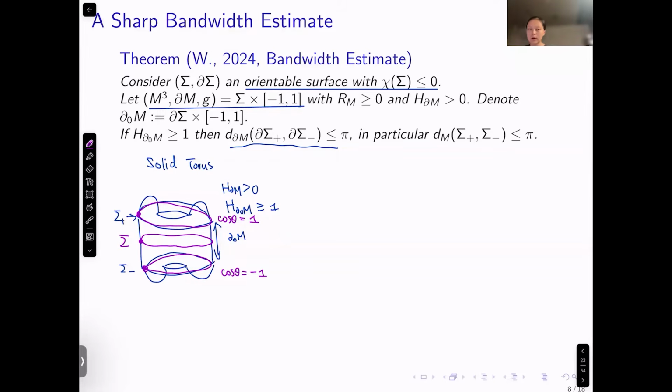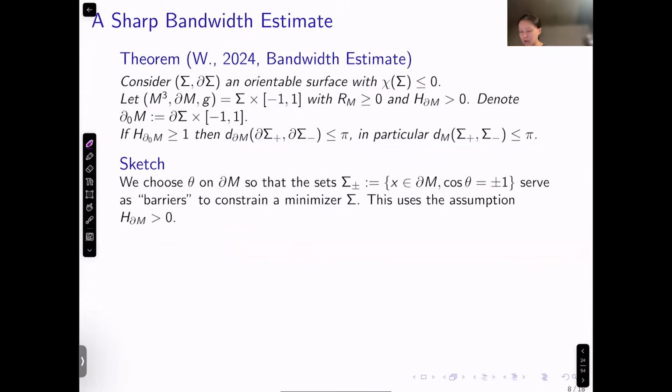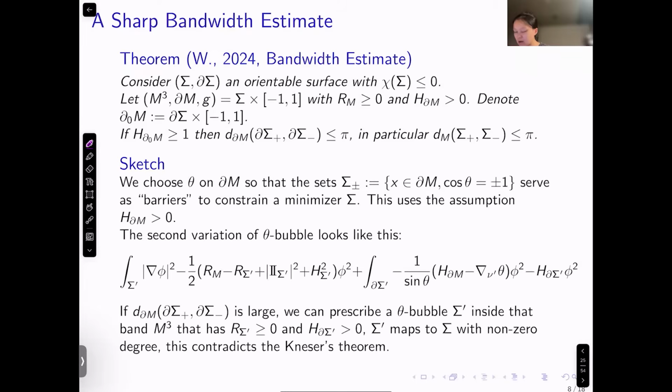And now we need to look at the second variation of the theta bubble to make sense of the positivity condition. So this is when I was describing how the band looked like. And now the second variation of the theta bubble looks like this. So if you look at the interior term, this is the same that tells you the scalar curvature is non-negative in the spectral sense.